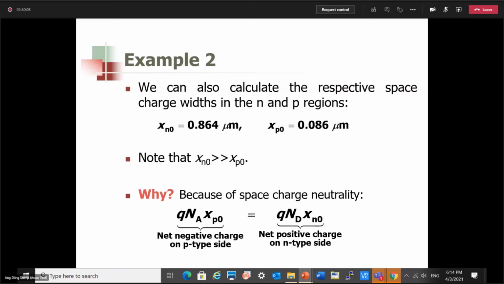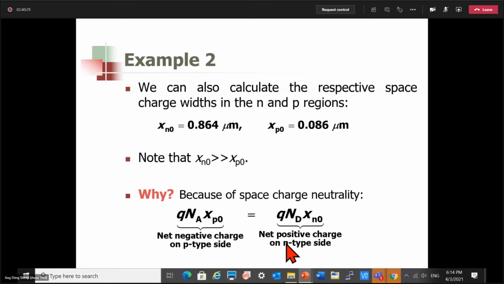on both sides of the p-n junction, since in this example the doping concentration of the p side is 10 times higher than that on the n side, the xp0 is 10 times smaller than xn0, in order to maintain space charge neutrality.